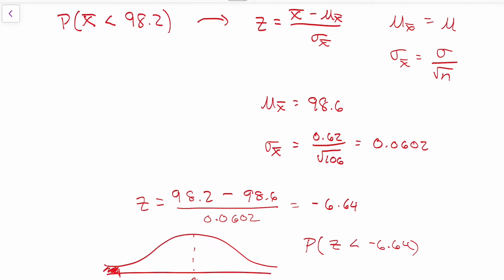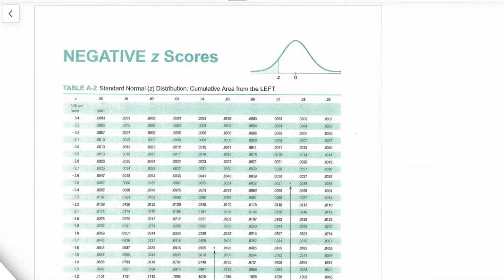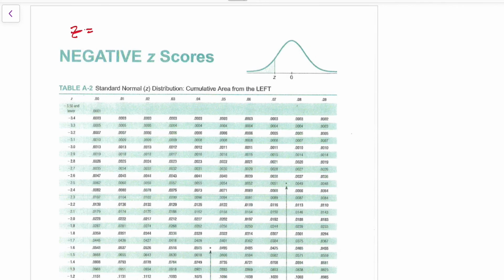So let's look at our table now. Our z-score, again, was in the negative 6 range. It was negative 6.64. And again, that is lower than this negative 3 value, so we get the probability is going to be 0.0001.